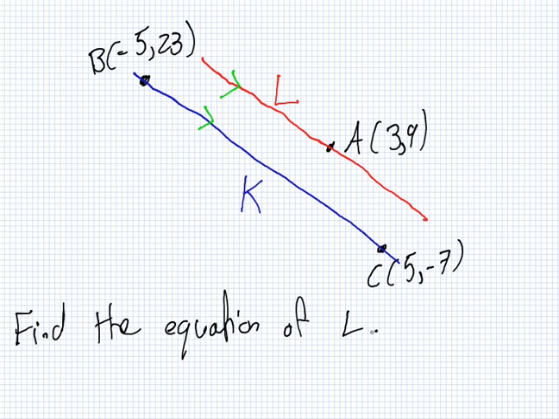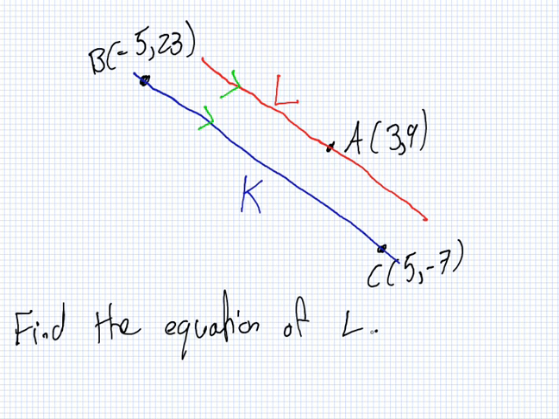Possibly y is equal to minus 3. Yes, that works at least for A. So it could be that. Let's have a look at it. So what should I do first then? Find the gradient m, yeah, and how can I do that? That's it, yeah.